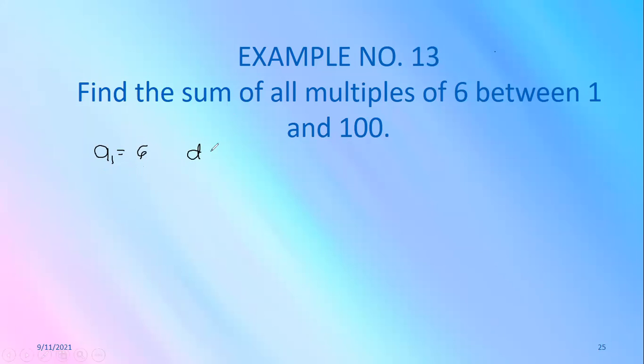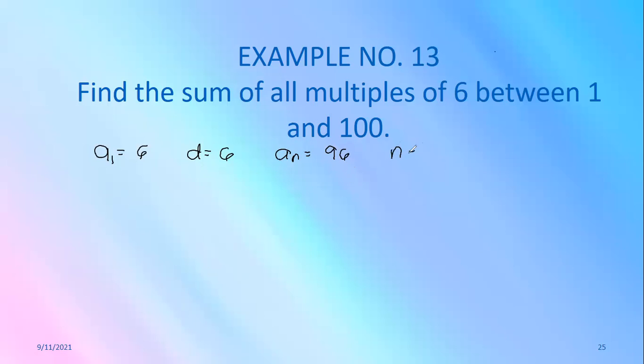Common difference: dahil multiple of 6 siya, ang common difference is equal to 6. A sub n. Ano yung highest number or the last number kung saan ay multiple ng 6? Ang 99, hindi siya pwede maging multiple of 6. 98, cannot be kasi magkakaroon ka ng remainder. So most likely 97. So 96.